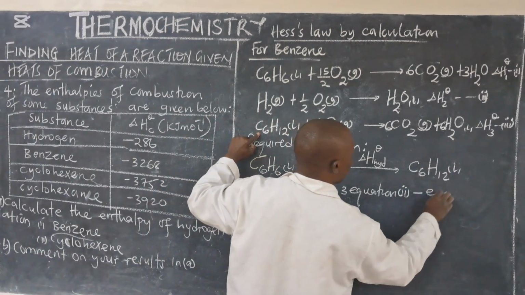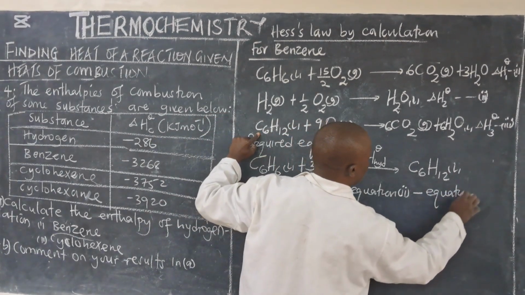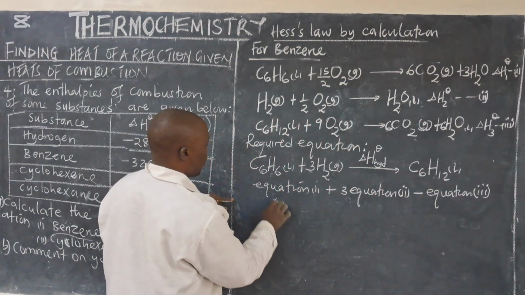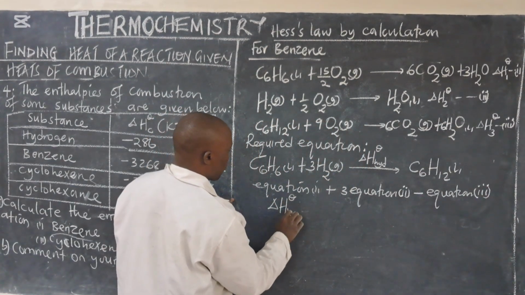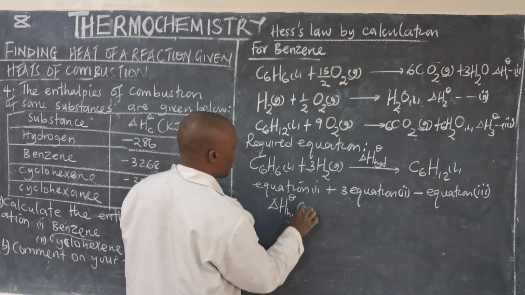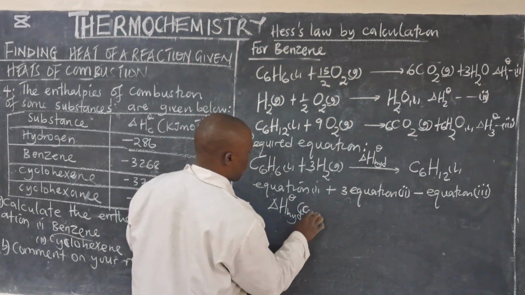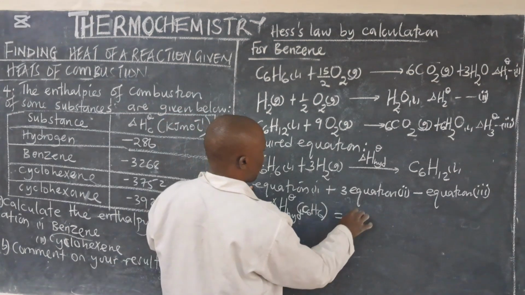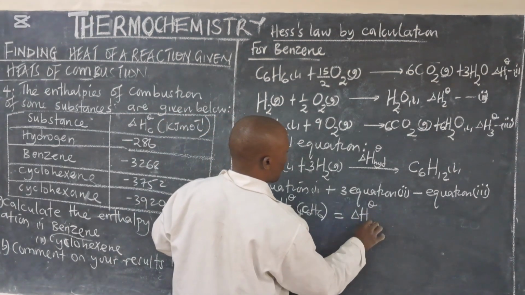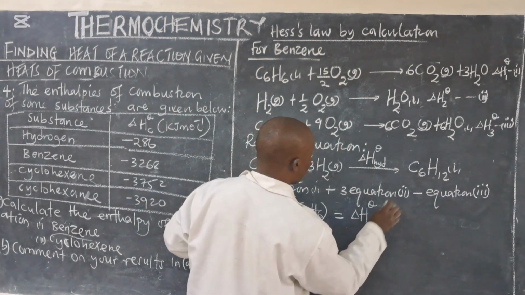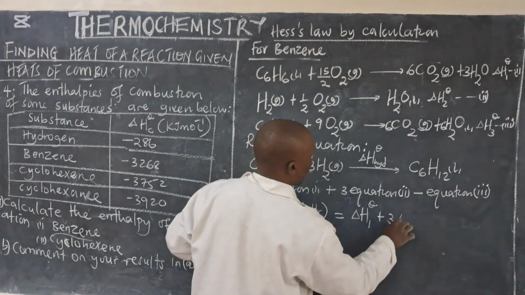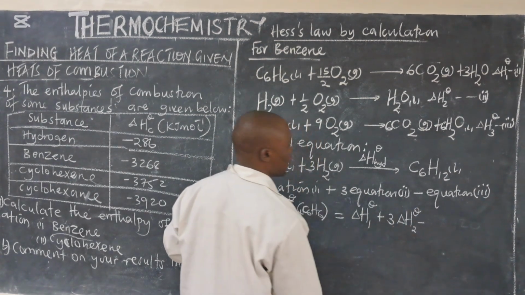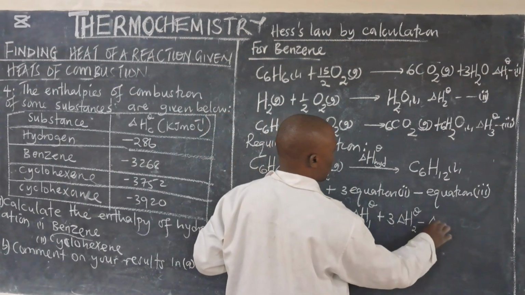So minus equation 3. That means the enthalpy of hydrogenation of benzene, C6H6, becomes the standard enthalpy value for equation 1, plus 3 times the standard enthalpy value for equation 2, then minus this one for equation 3.